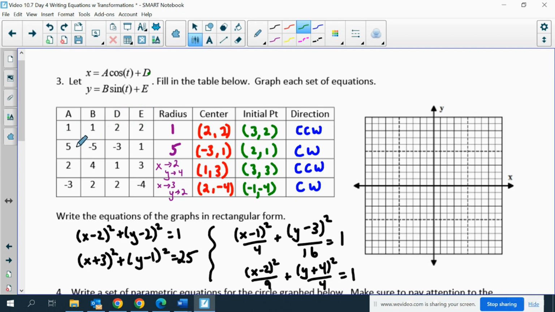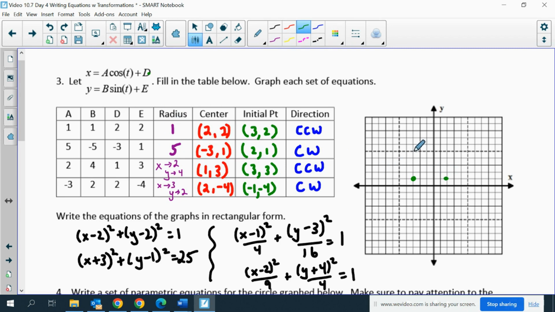For A and B being negative, or 5 and negative 5, if I have 5 cosine t minus 3 and negative 5 sine t plus 1, my graph ends up here. And then I kind of have to figure out, well, where is this thing starting? If I plug in 0 for t, I'll end up over here.